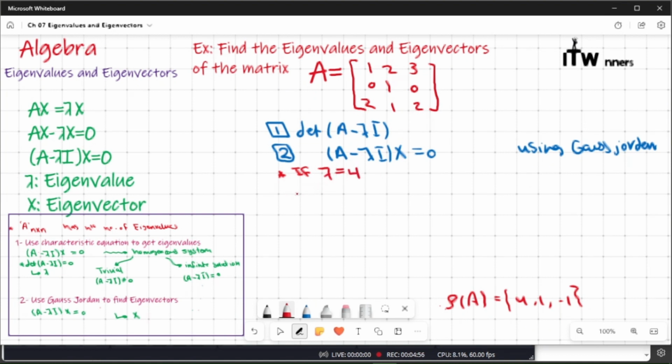So this matrix will be 1 minus 4, negative 3, 2, 3; 0, 1 minus 4, negative 3, 0; 2, 1, 2 negative 2 minus 4, which is negative 2.